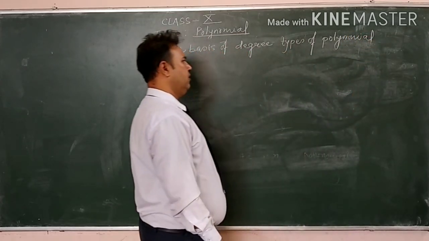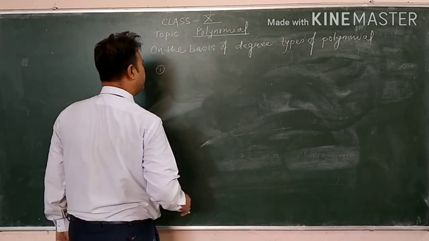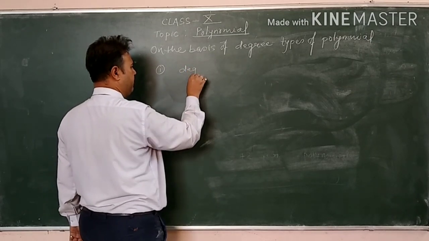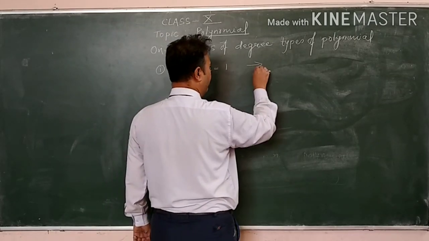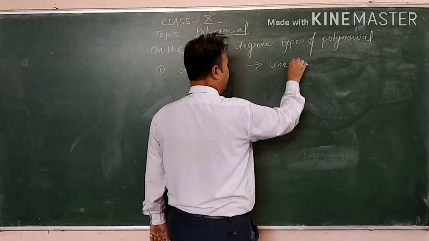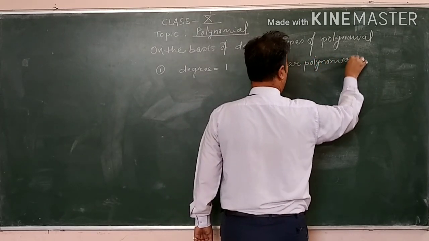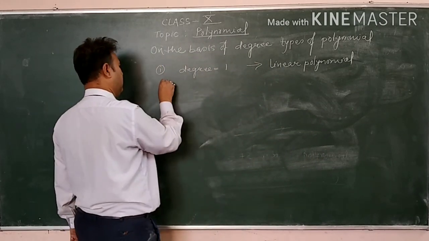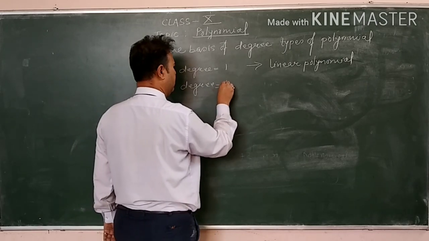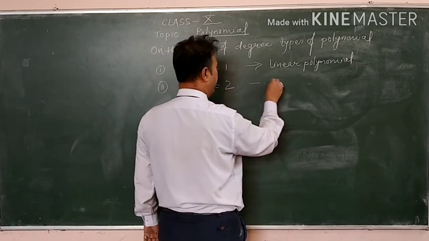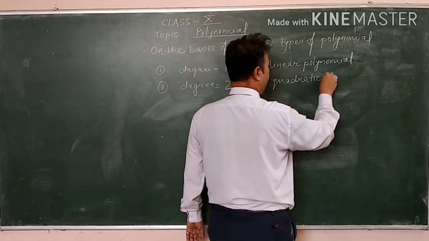Number 1, degree 1, linear polynomial. Degree 2, quadratic polynomial.